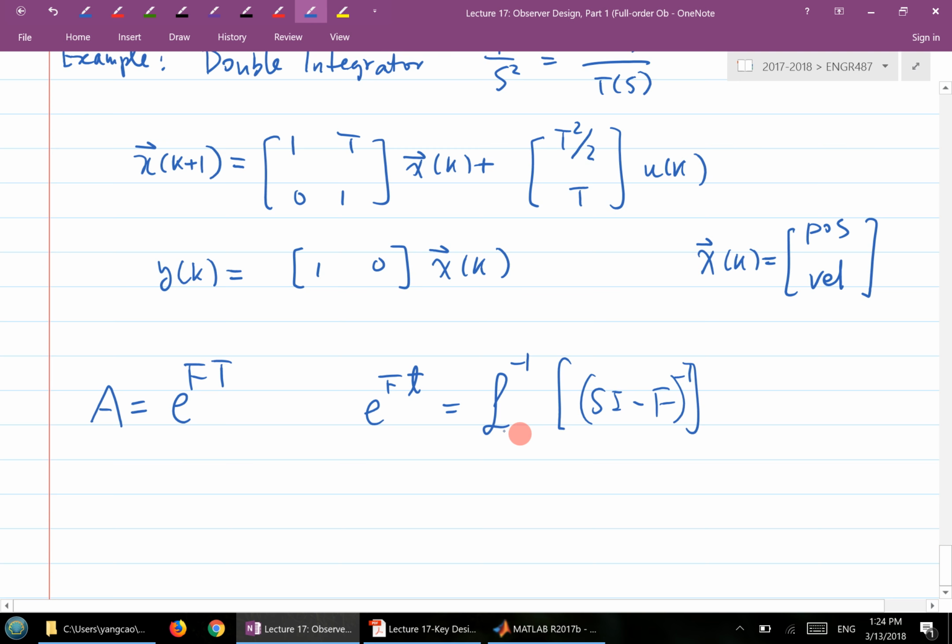So e to the power Ft equals the inverse Laplace of this, but that doesn't equal to this. You have to calculate this one first, and then replace the small t with the sampling time capital T. The problem is some of you, when you do this step here, assumed basically this equals this.